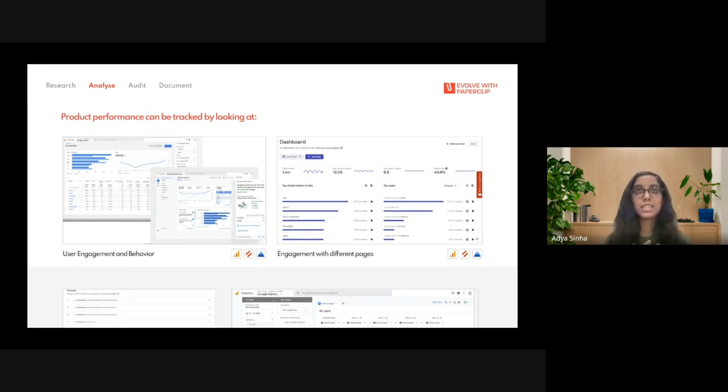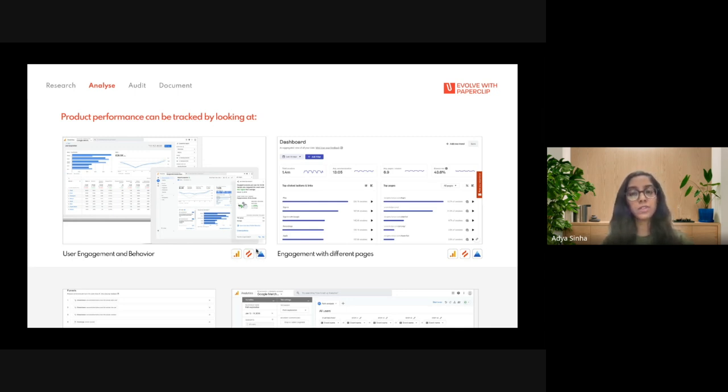It helps us understand the new users, existing users, returning users, and active users for a specific period of time. And it also helps us understand some of the top sources that are driving users to the product.